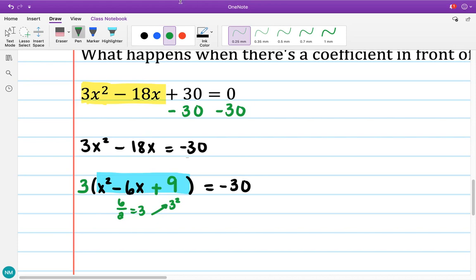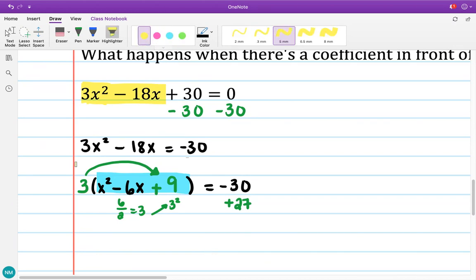This 9 is technically a 3 times 9. By the distributive property, it is a 3 times a 9. So this 9 right here is really a 27. So I'm going to put plus 27 here.